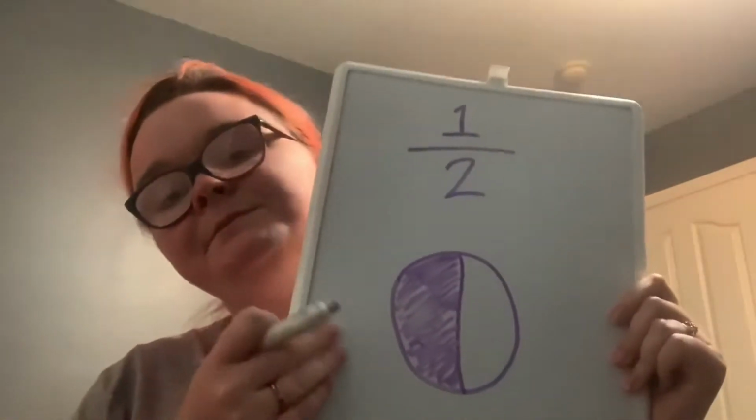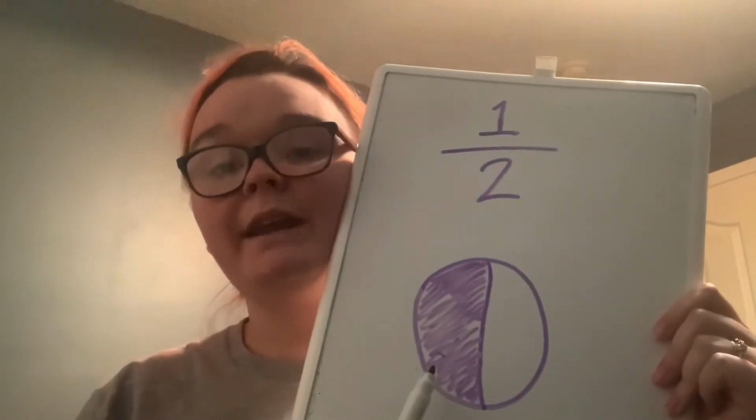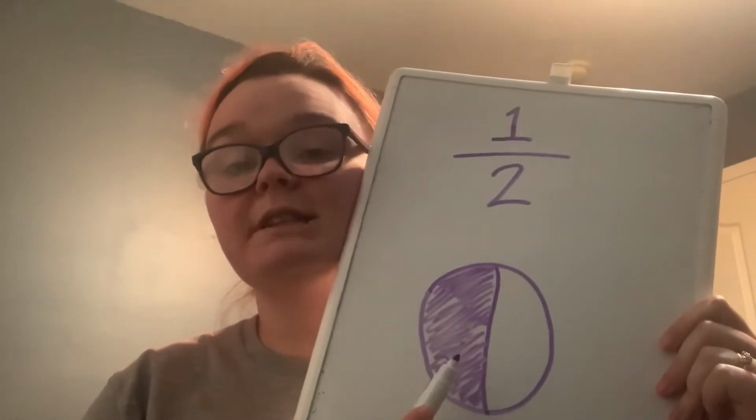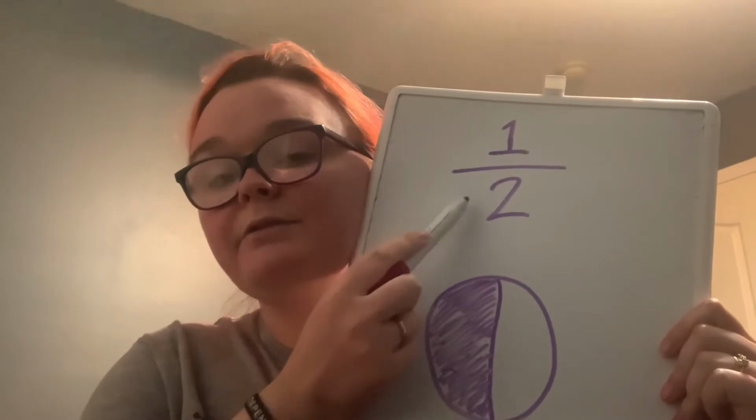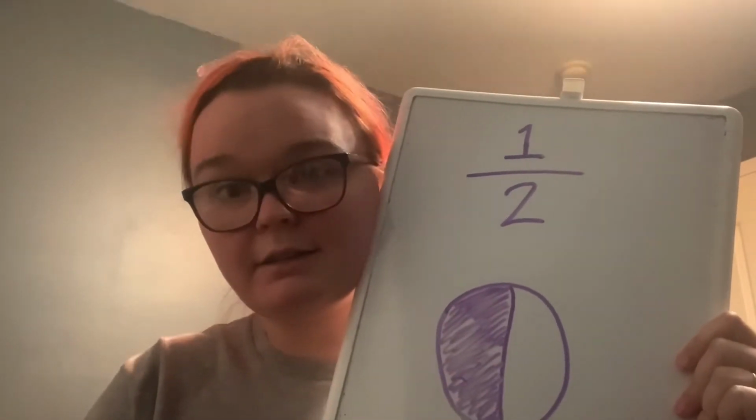For this example, I'm going to shade 1/2 of our circle. So we see that 1 out of the 2 parts is shaded. 1/2 of this circle is shaded.